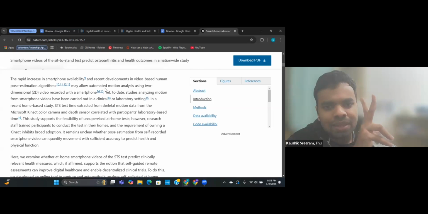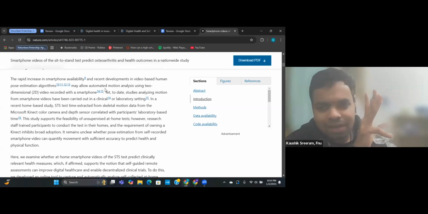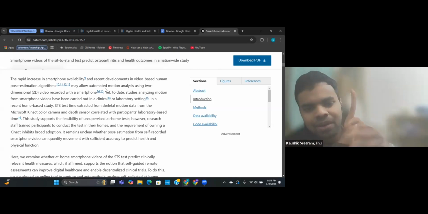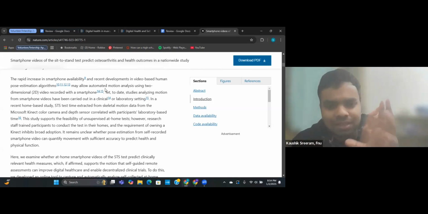They've told us that the algorithms are video based, right? And these are good, because of video based algorithms, you are able to automate motion analysis, which is recorded on the smartphone. This is the information that they've given you. Now, what to do with this information? They're telling you that comes next.